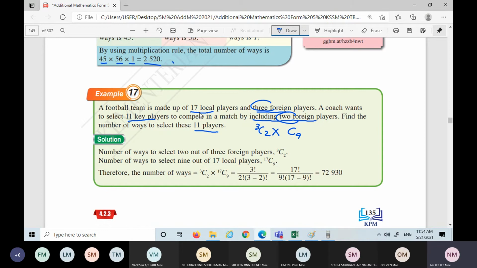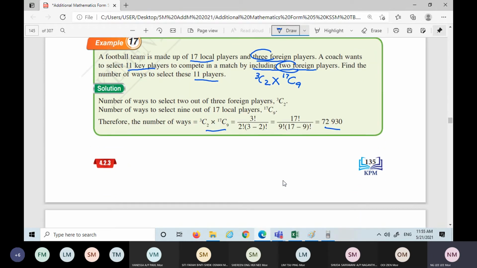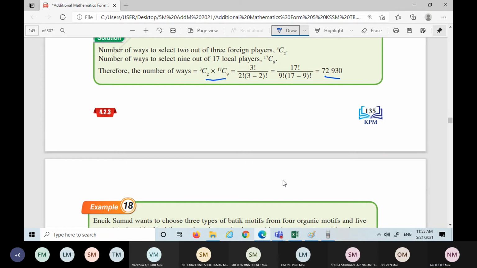The 9 come from the local players, which are altogether 17. So this is how you get this. Then just press the calculator and you get this answer. I think something is wrong here, it should be times, not equals.